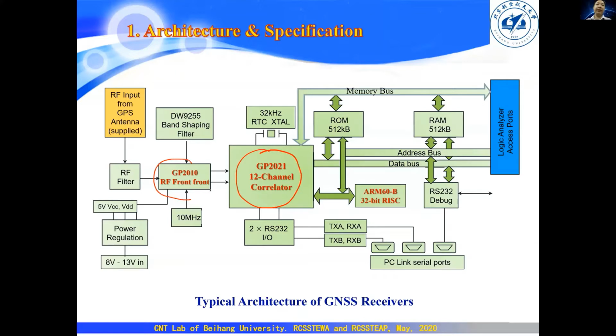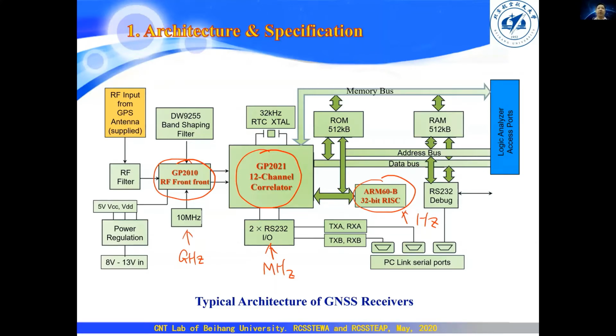This is a front end at the gigahertz level, this one is at the megahertz level, and this is a RISC processor at the hertz level. So typically a receiver is made of different chips.